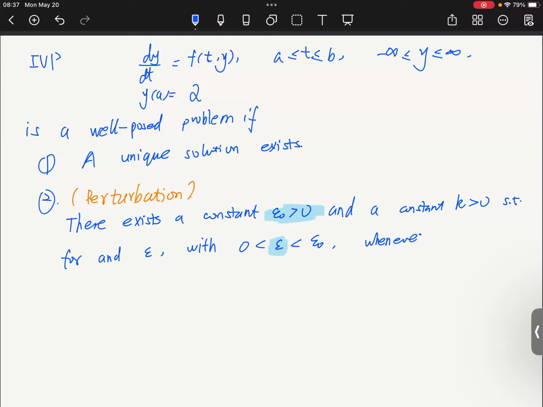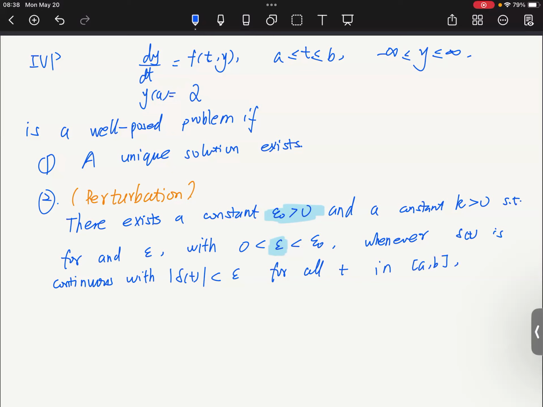whenever delta t is continuous, with the delta t smaller than epsilon for all t here. So here we are controlling one part of the error, in the interval AB.